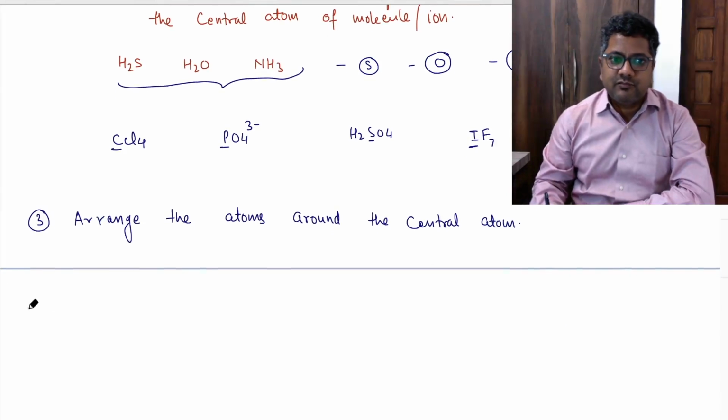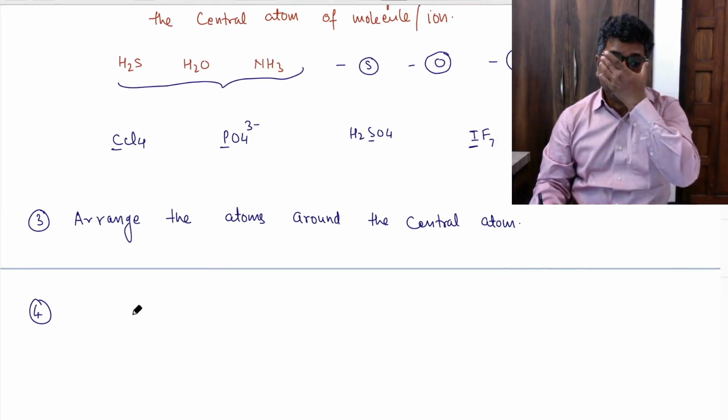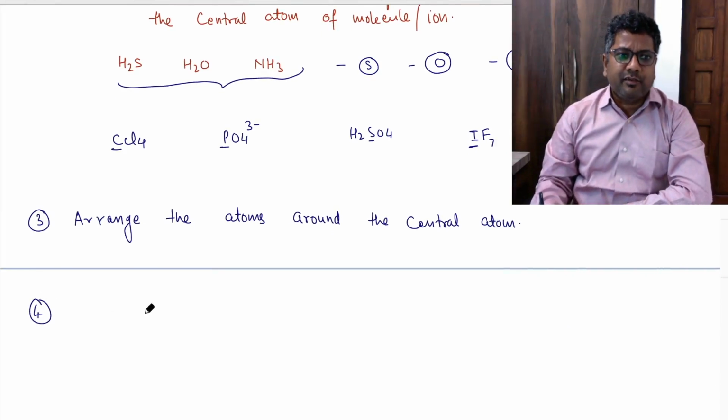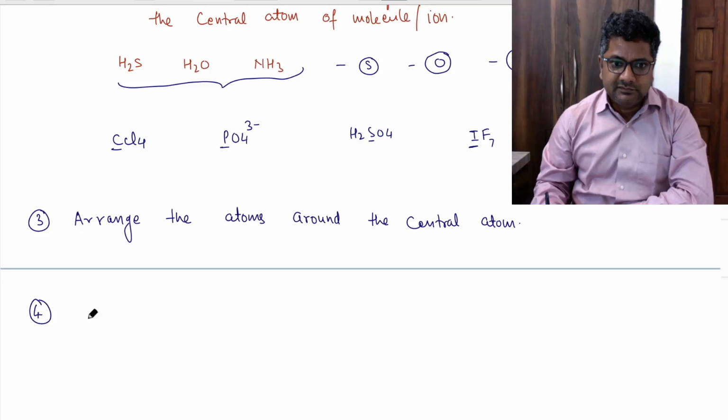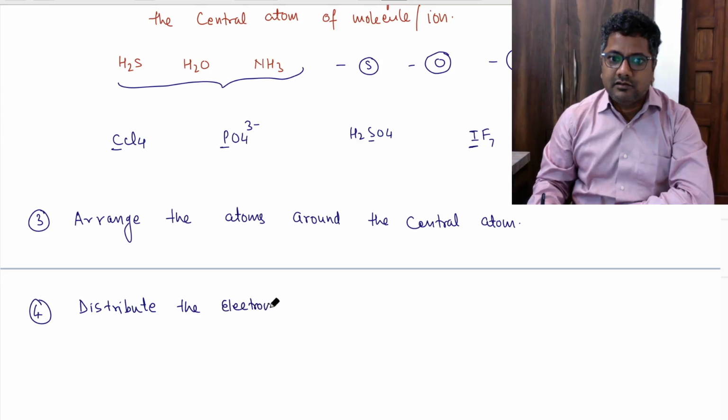Now the fourth point: distribute the electrons in pairs.